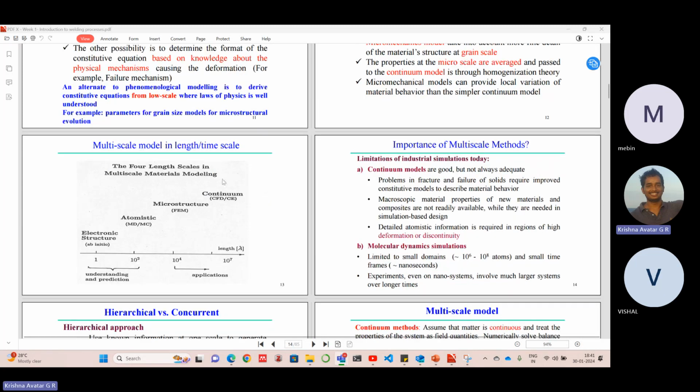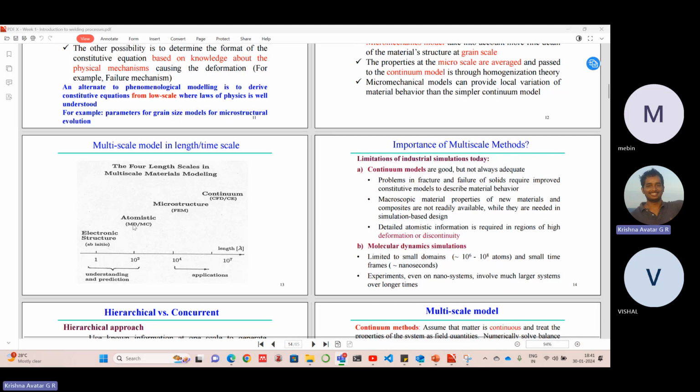At the multi-scale, there are four levels as mentioned here. We start with continuum, then go to microstructure, to atomistic, and electronic structure. Electronic structure simulations are essentially used to determine the wave functions, that is, where the electron can be found in a particular outer shell.